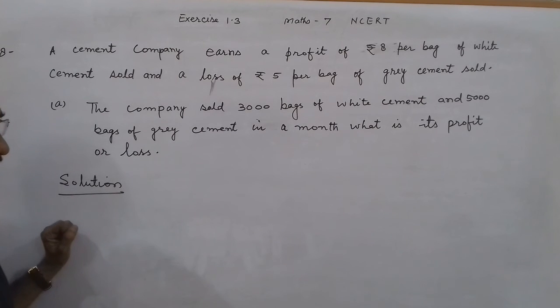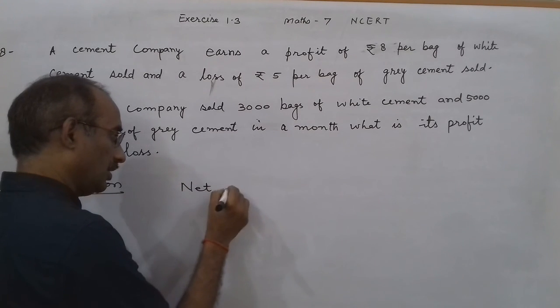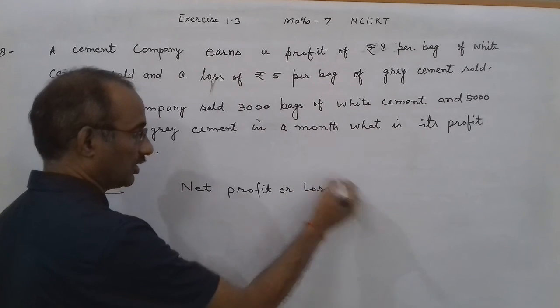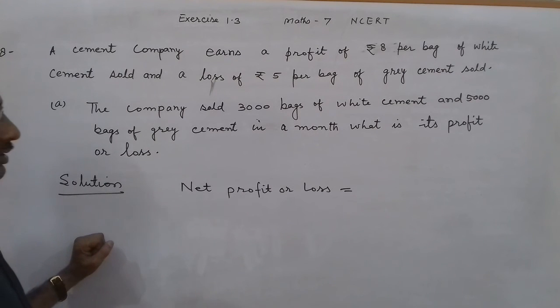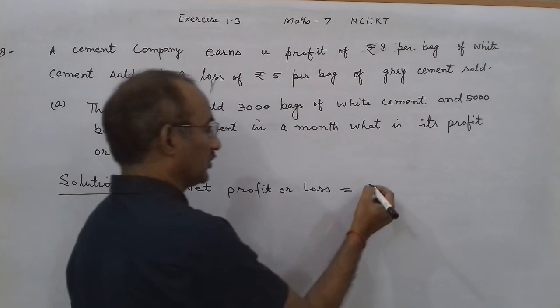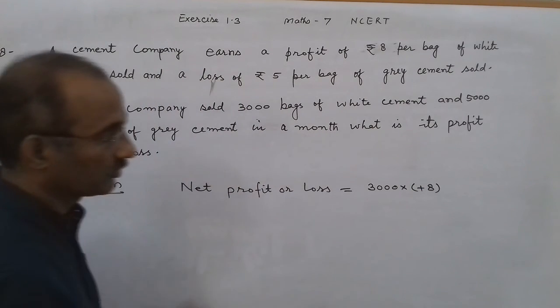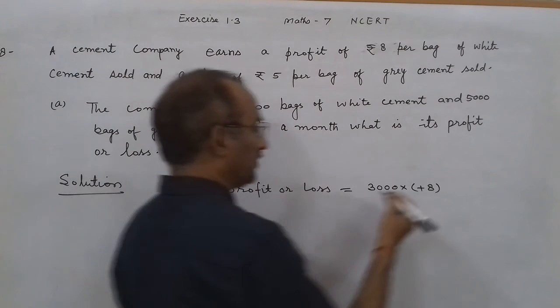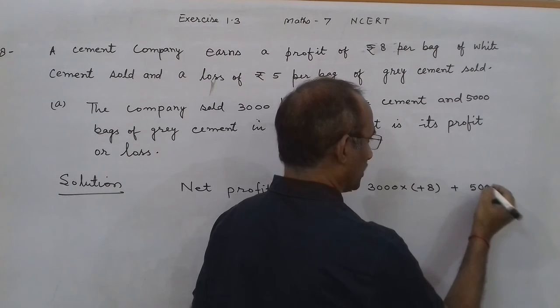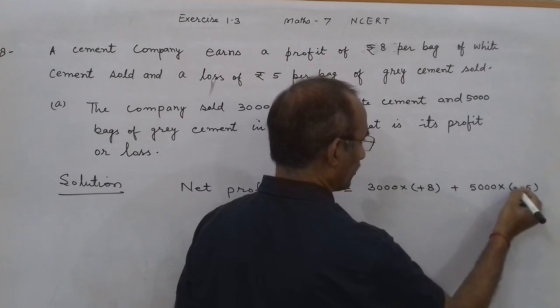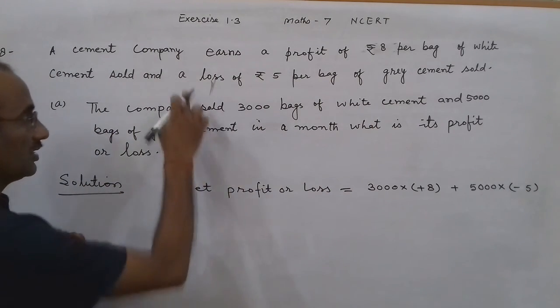If the profit is taken with positive sign and the loss with negative sign, then the net profit or loss will be calculated as: net profit or loss equals the number of white cement bags, which is 3,000, multiplied with plus 8, and the number of grey cement bags, which is 5,000, multiplied with minus 5, because each bag has a loss of rupees 5.